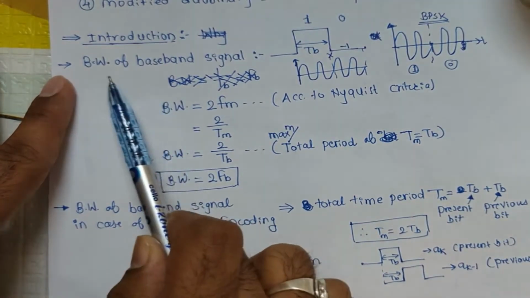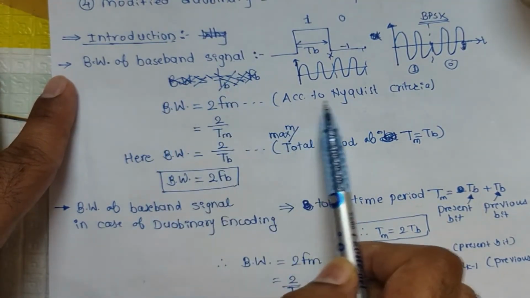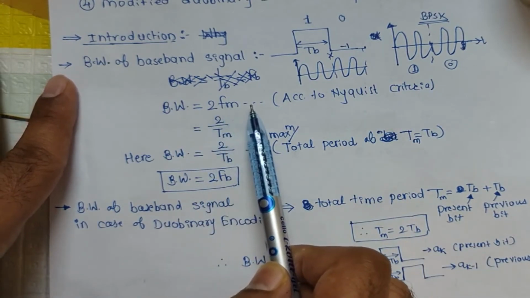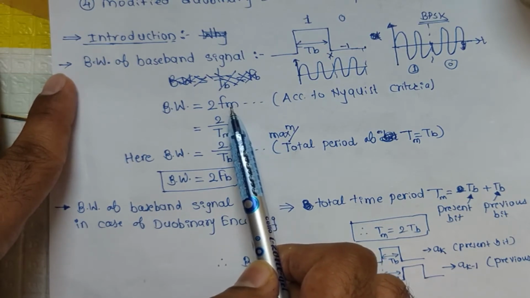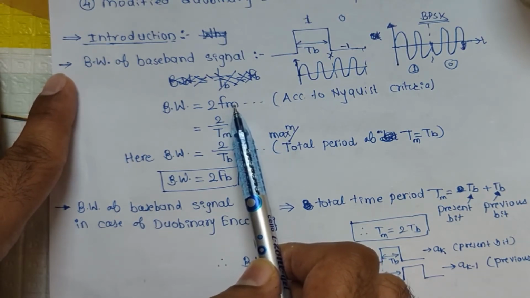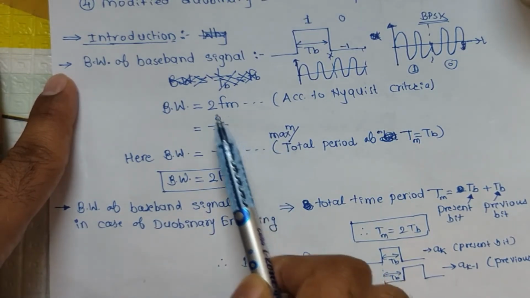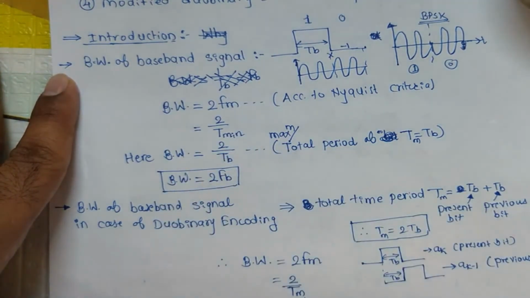We know that the bandwidth of any baseband signal, according to the Nyquist criteria, is nothing but twice the maximum frequency, 2fm. Since frequency is 1 upon time period, this can also be written as 2 upon the minimum time period.